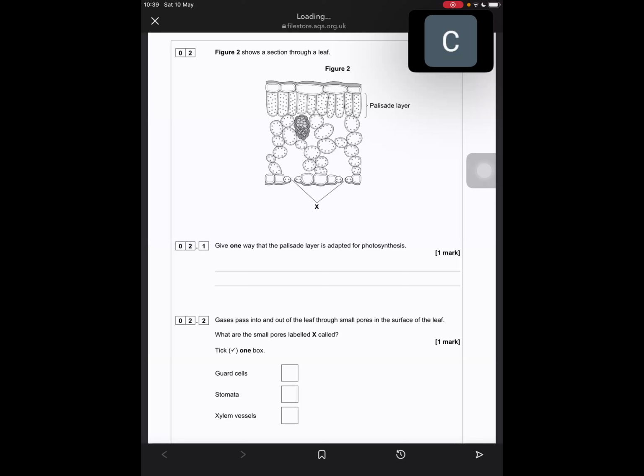So if you look at the cells in that palisade layer, they look different in their structure from the others.